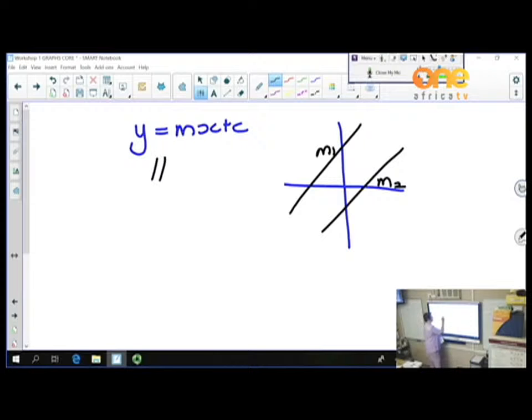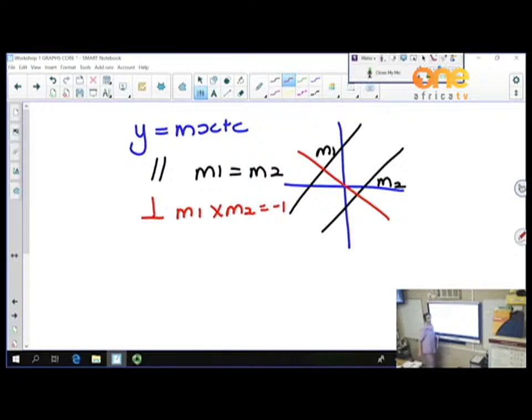So they are parallel, then your two gradients are equal to each other. Like a railway. But they can also be perpendicular. And then we say they are perpendicular if m1 times m2 is equal to negative 1. Okay, but we'll go further with that information later on.